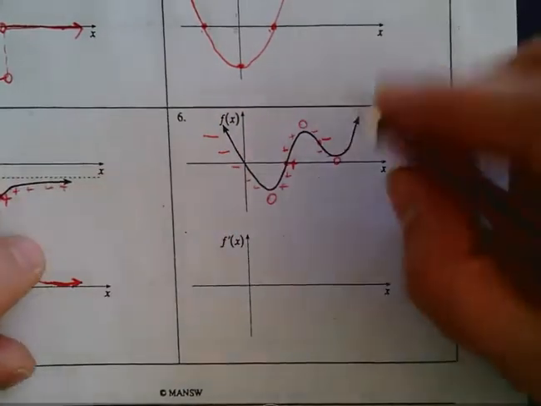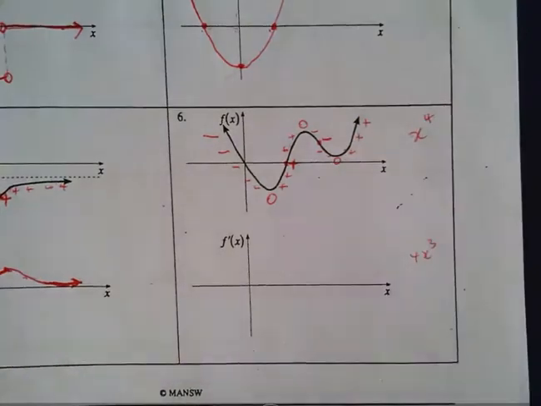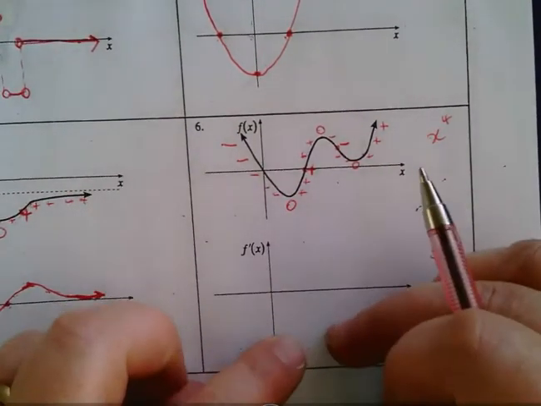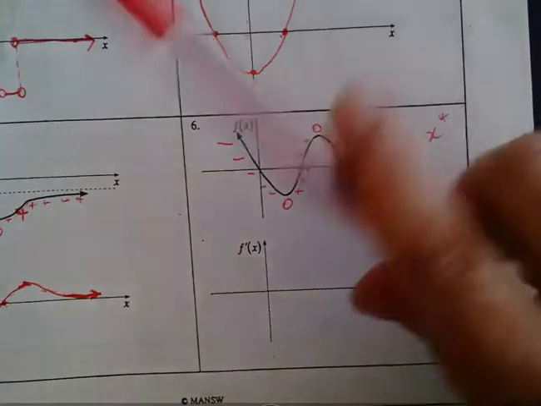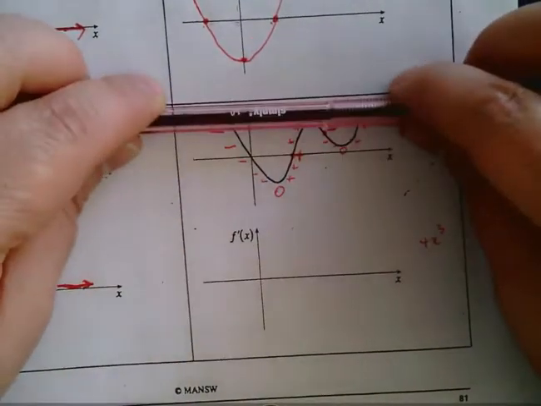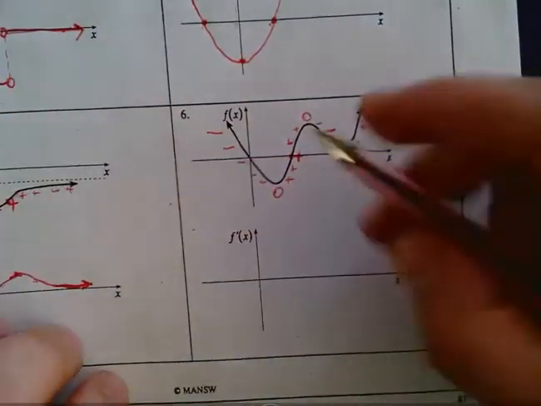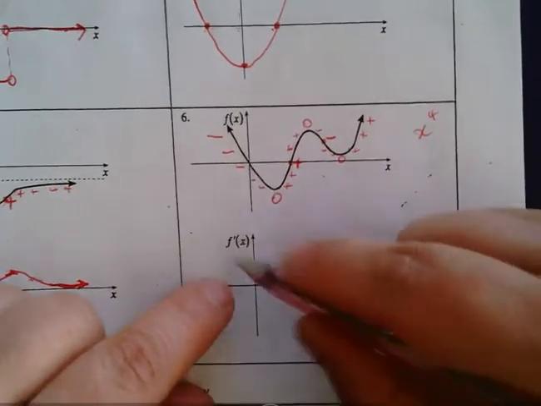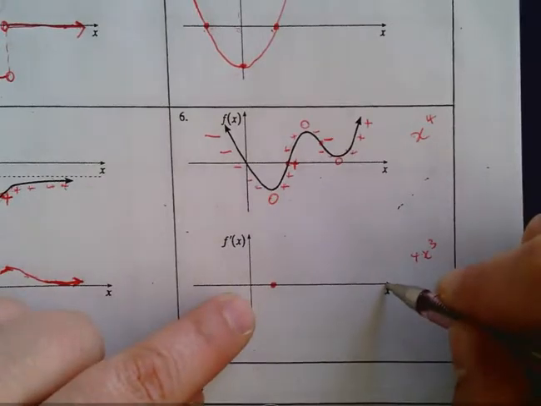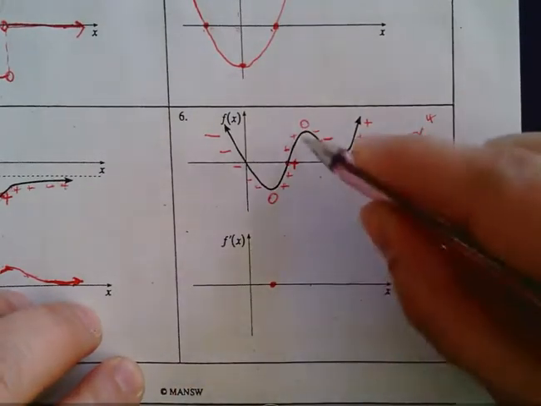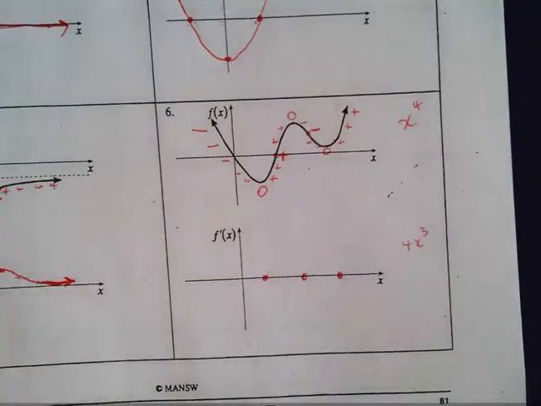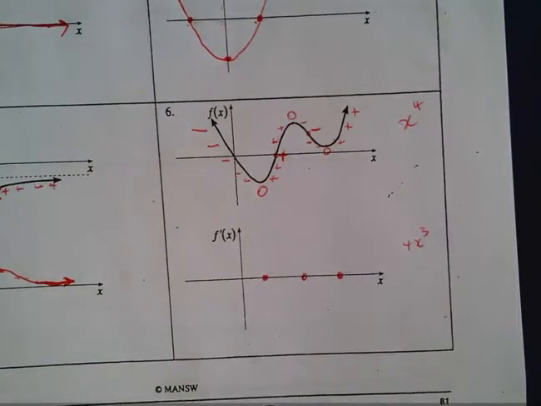Then I've got positives. Now, what you do first, you want to mark in your zeros and your steepest positive and steepest negatives. They're your turning points down here, sort of. So where are my 0 gradients happening? There, there, and there. So come down here, 0 gradient. Because this is mapping my gradient versus my x values. I've got a 0 gradient there, and I've got a 0 gradient there. Okay? Now, you okay with that?